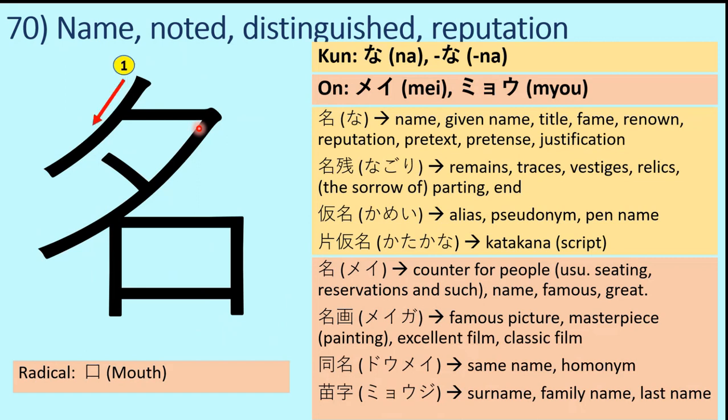The stroke order, the first stroke, the second stroke like this, the third stroke, and the fourth, fifth, and sixth stroke is the same as that for a mouth. So this is how this character will be written. So this character represents name, noted, distinguished, reputation.